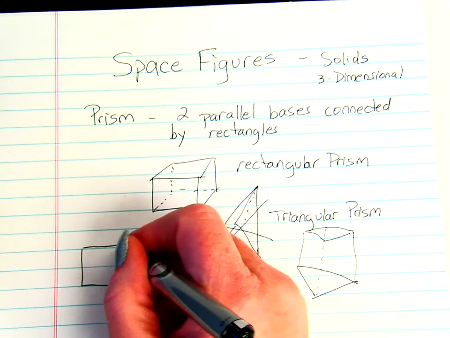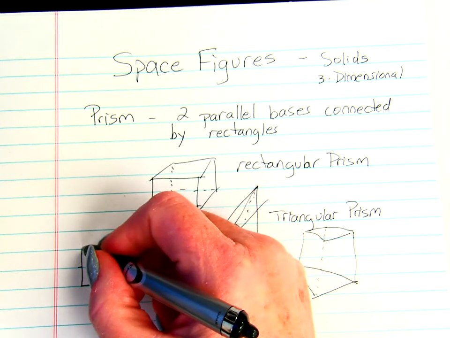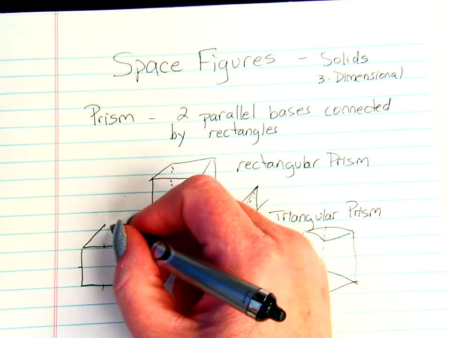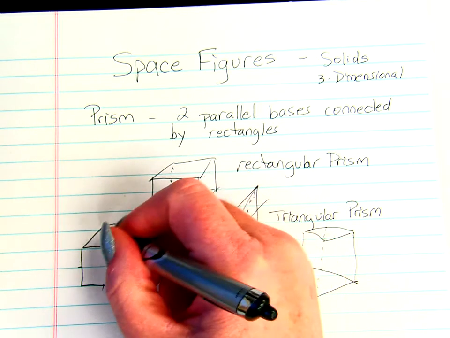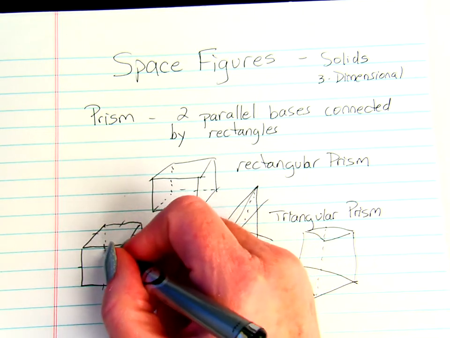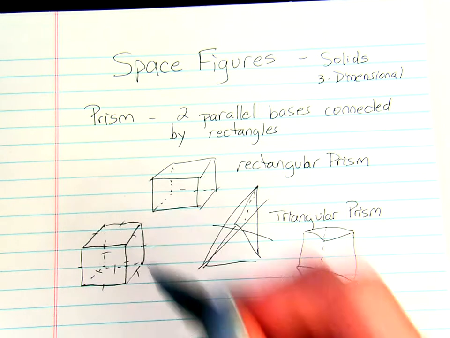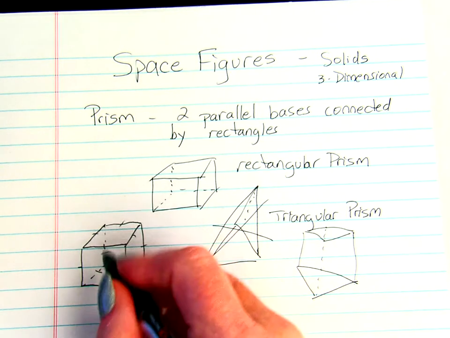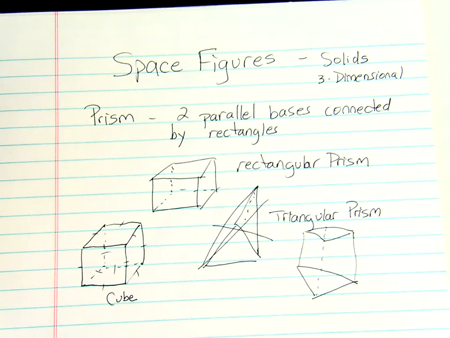So we can say that all of those sides are congruent, and then this side would also have to be congruent. So everything would have to be congruent, all the way down to these back here. So this would be a cube if everything was congruent.